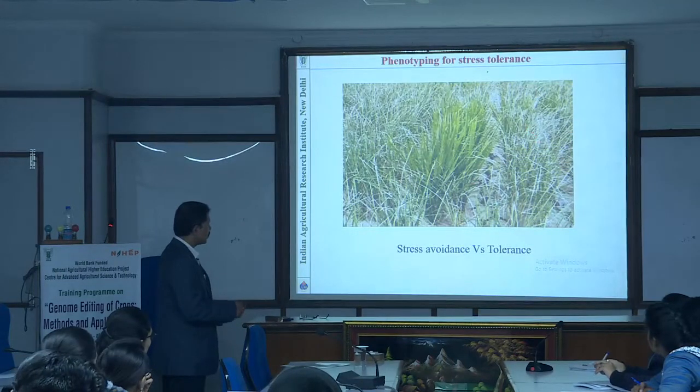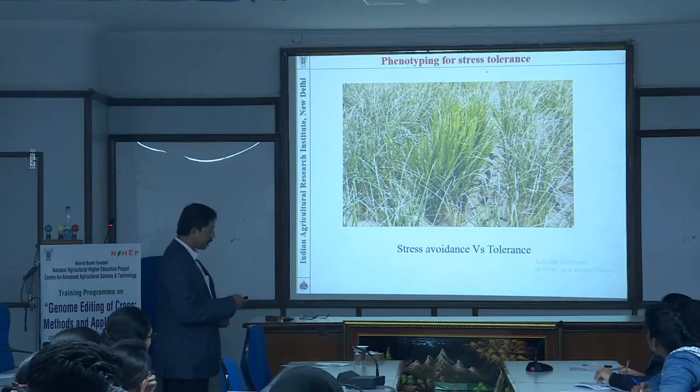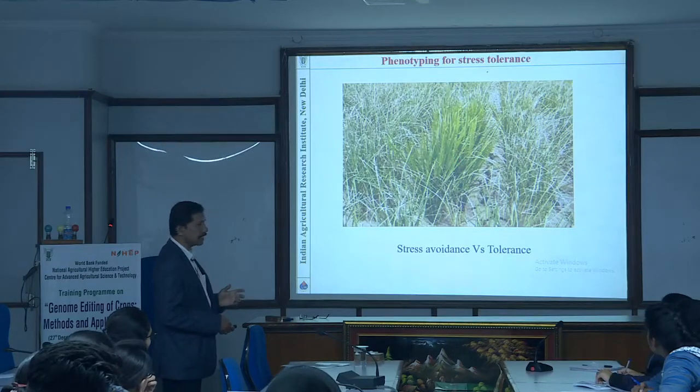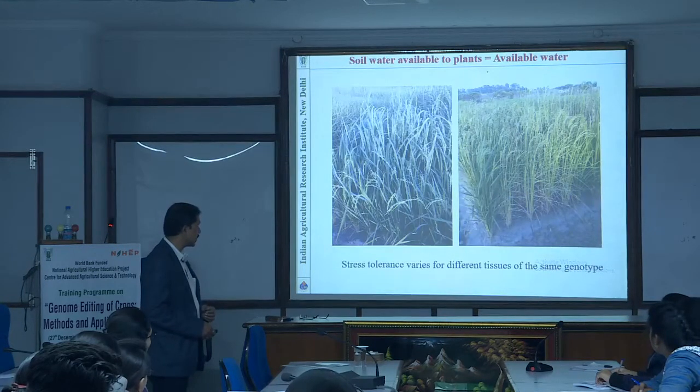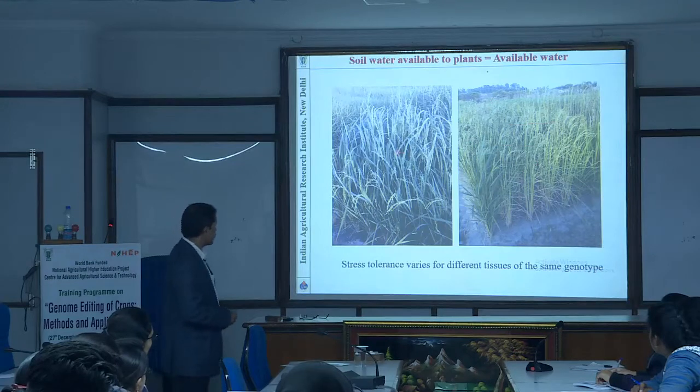So you have to do phenotyping under different conditions to identify genes for either the tolerance or the avoidance mechanism. You need both mechanisms to produce a better stress tolerant plant. If you see these two genotypes here, in this genotype the leaves are almost fully turgid, compared to these plants, which are almost experiencing the stress.